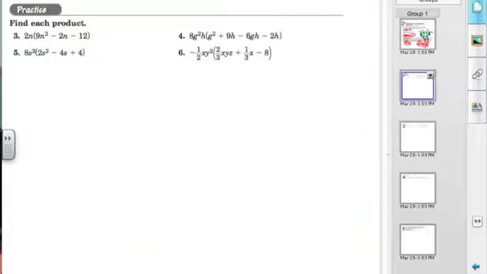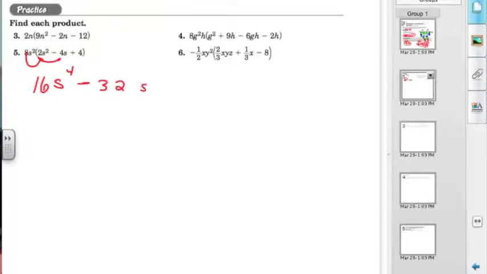On page 2, again, more examples of just a monomial being multiplied in using the distributive property. Let's pick number 5. I have 8 times 2, so that's going to be 16. I have a total of 4 s's. I then have 8 times 4, that's 32. A negative times a positive gives me subtraction.